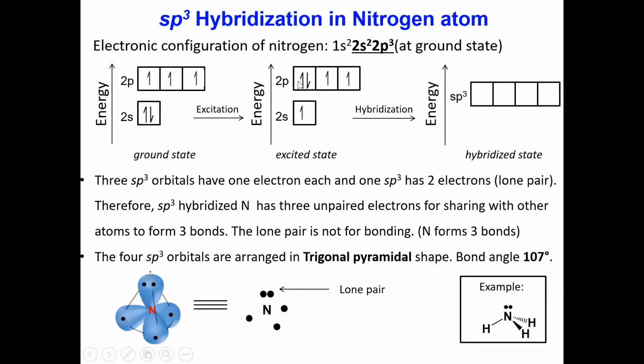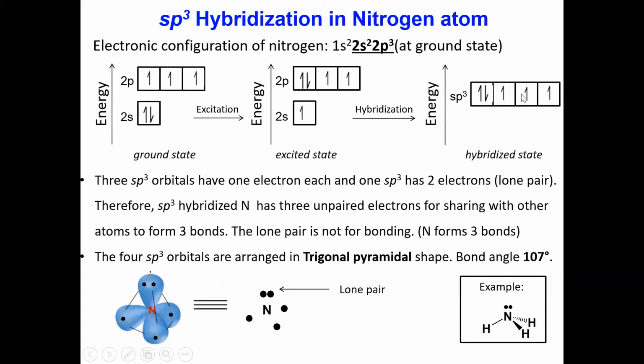So you get this electron that is promoted from the 2s to the 2p orbitals, and this 2s orbital will mix with the 3 2p orbitals to give sp3 orbitals, in which we have 2 electrons in one of the orbital boxes and the other 3 singly. The 3 sp3 orbitals have 1 electron each, and 1 sp3 orbital has 2 electrons, which is a lone pair. Okay, we also call this a lone pair.